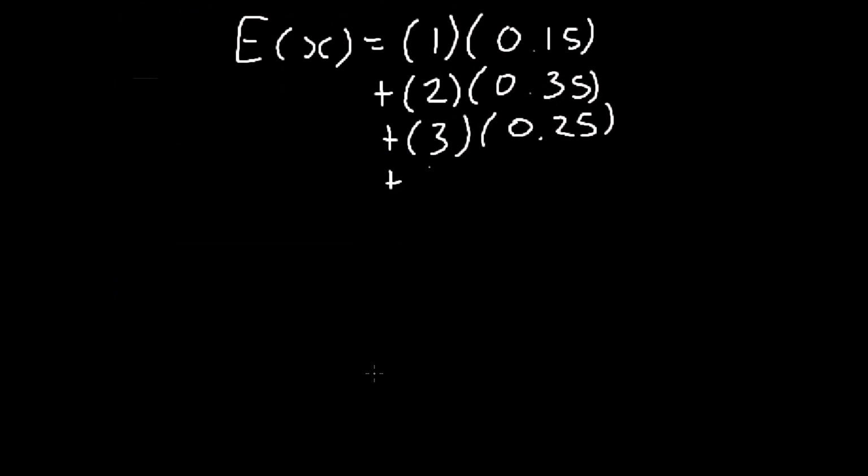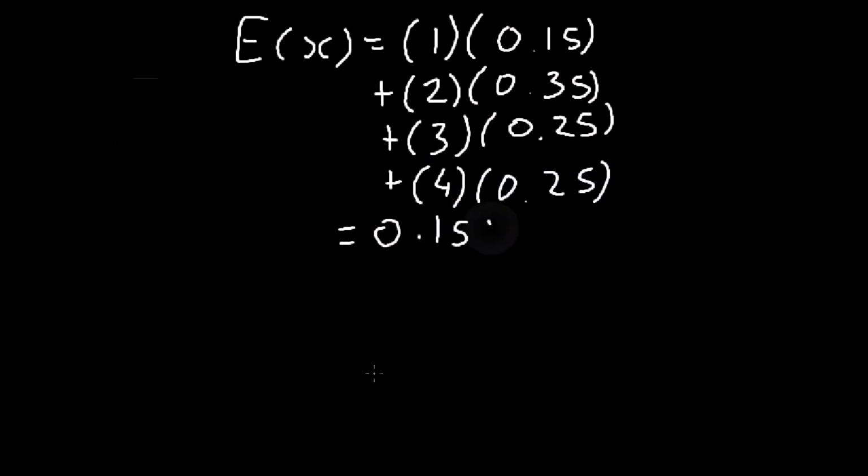So now we keep going and we can simplify each of these, okay? So 1 times 0.15 is 0.15, plus 2 times 0.35 is 0.7, and then 3 times 0.25 is going to be 0.75, and then finally we go plus 1.